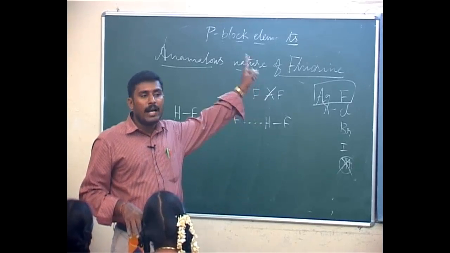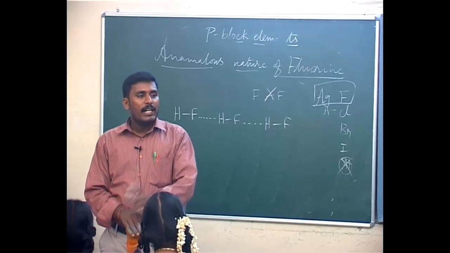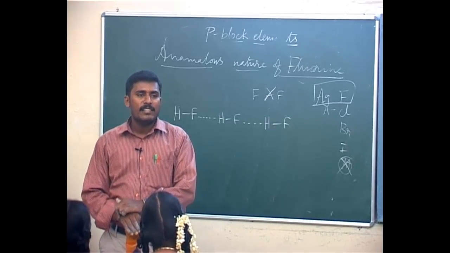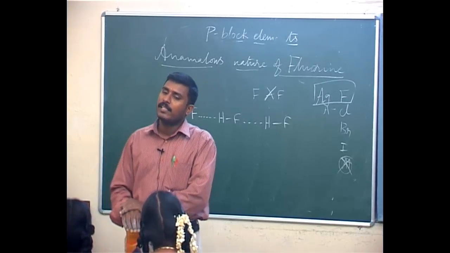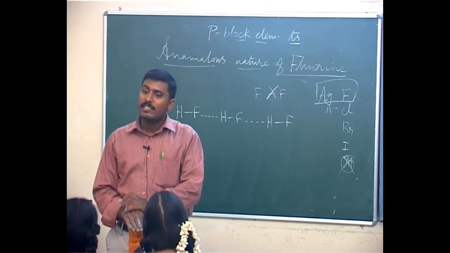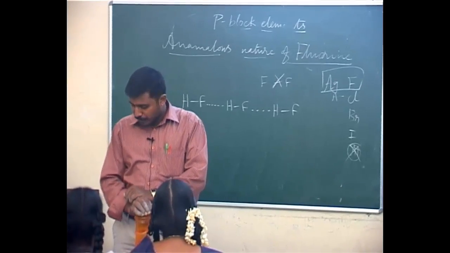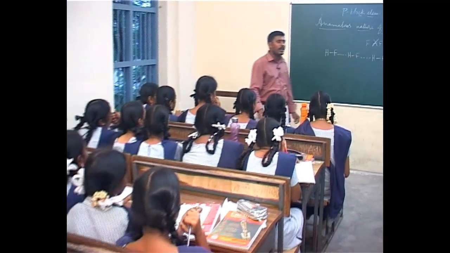AgF is soluble, other AgX are insoluble in water. Being electronegative, fluorine has only a negative oxidation state, but other halogens can have positive as well as negative oxidation states. HF attacks glass, others do not.